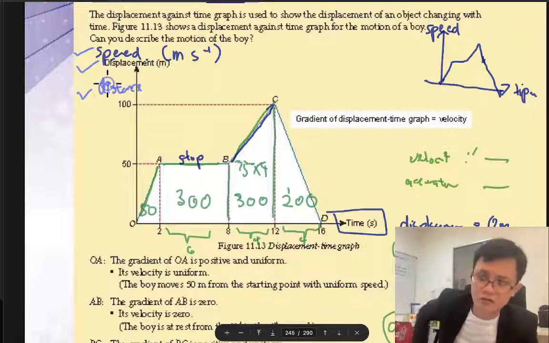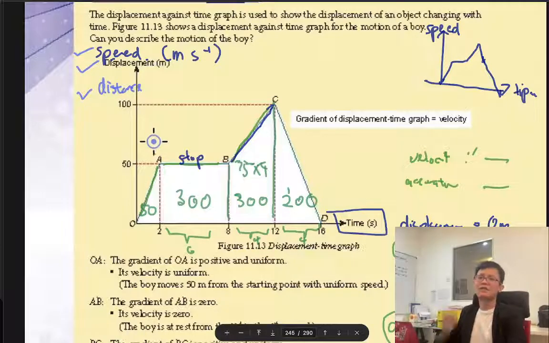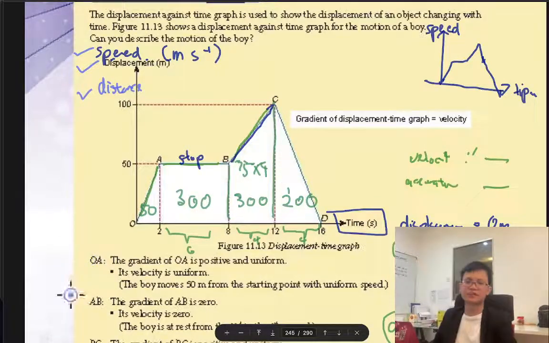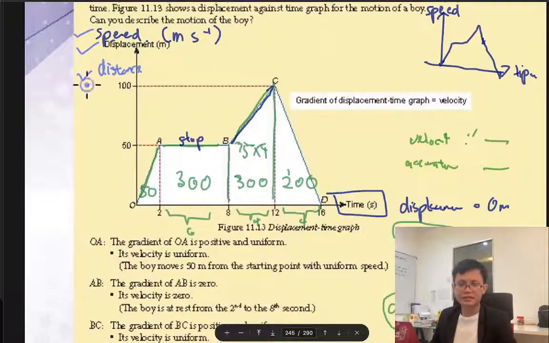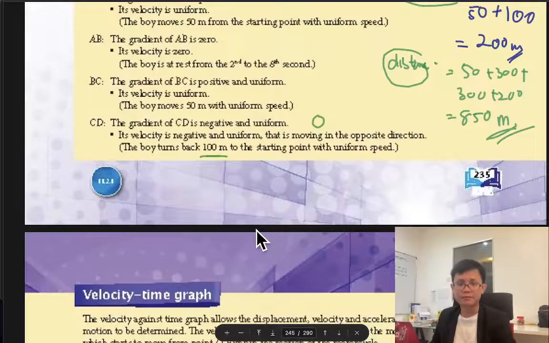Distance and displacement are almost the same, but usually they won't give distance. Let me think. 50 distance, add 15 distance, then you reduce it. Yeah, almost the same, so there is not much difference. So that's the concept. I hope you can understand.